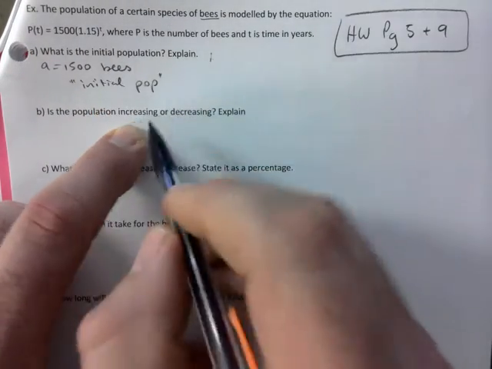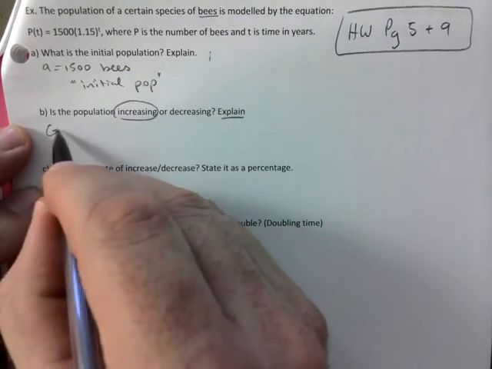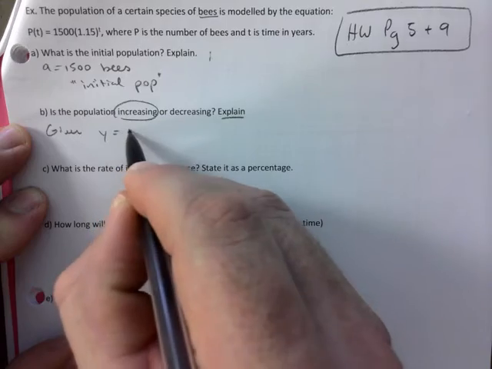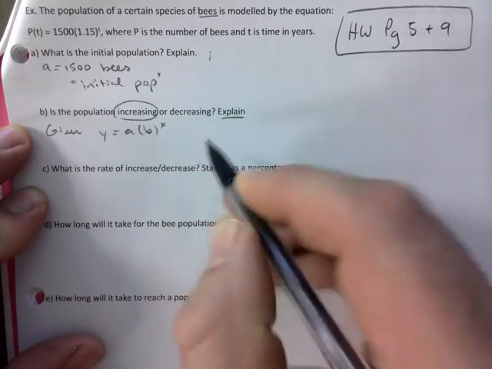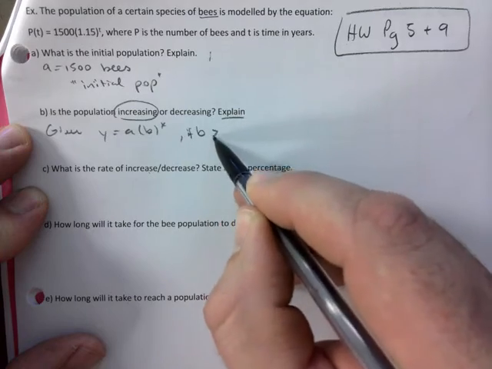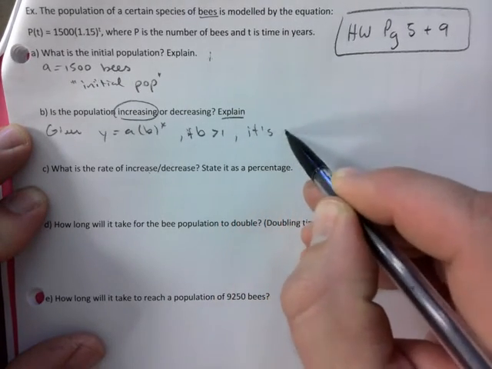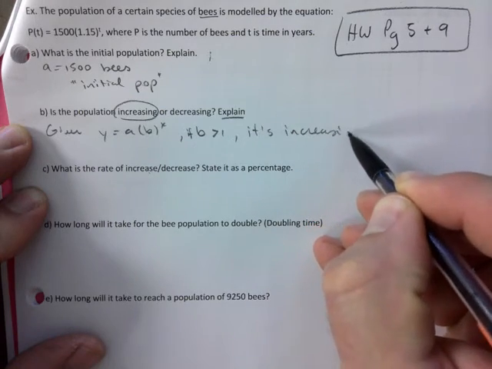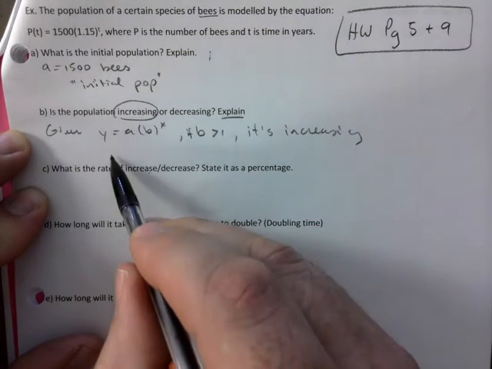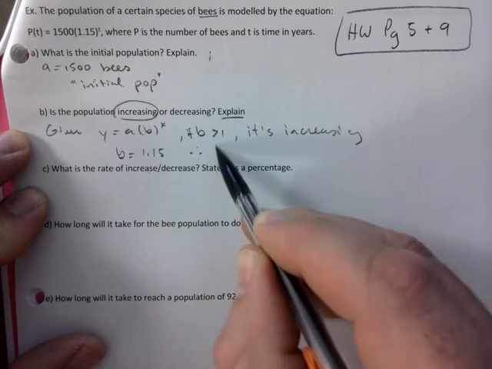You look at the bracket, right? Increasing, explain. Given y equals a b to the x, if b is greater than 1, it's increasing. Okay? So b is equal to 1.15, therefore increasing.